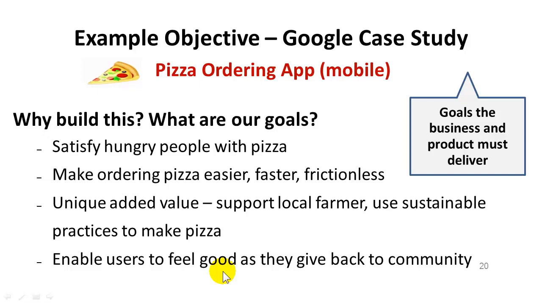The fourth goal is centered around users because they're going to be giving back to the community via the sustainability aspect of it and the local farmers. If these are our goals, which are fine goals, you're entitled to any goals you want, this is where we start realizing that this is what we're going to be building our application around.